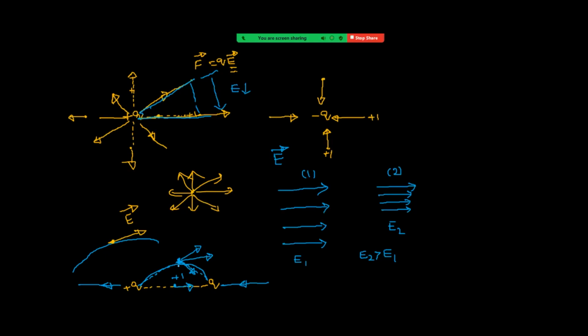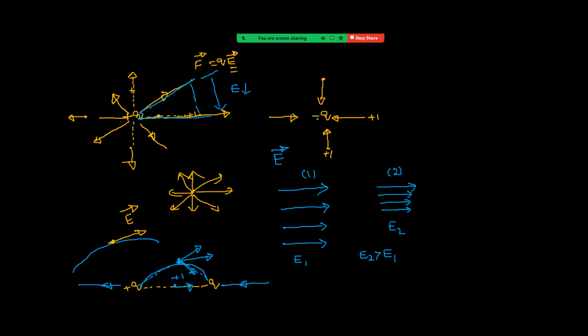So the tangent is giving us the direction of the field at that point. And if we observe carefully one more thing: field lines start from positive charge and end on negative charge.